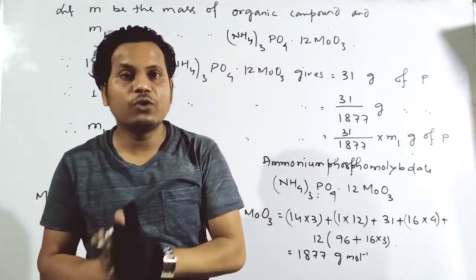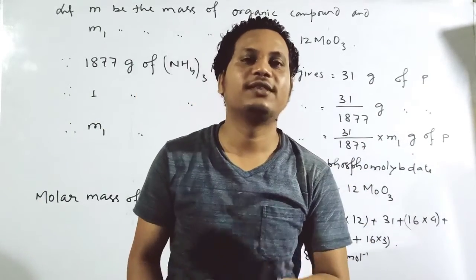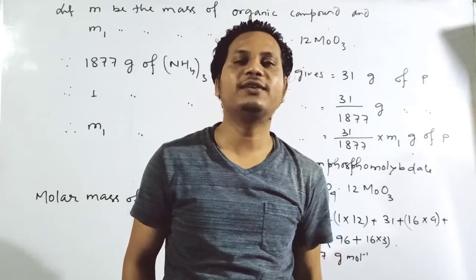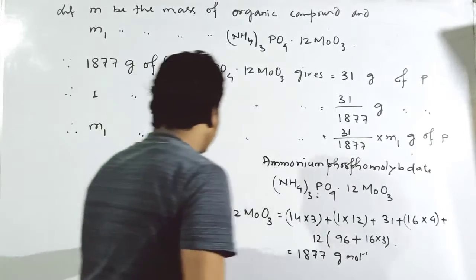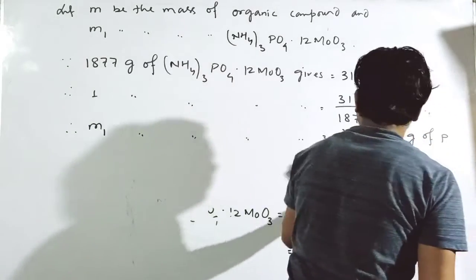Now if we have the mass of phosphorus, we can easily find the mass percentage of phosphorus using the mass percentage formula.